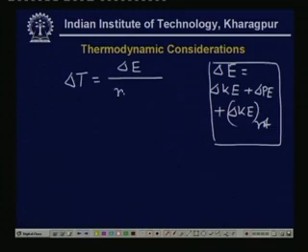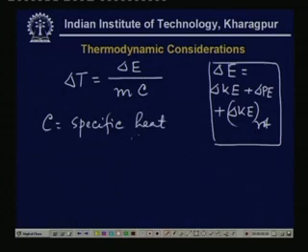So delta T equals delta E divided by the mass of the body which gets heated times C. C is the specific heat, with unit joule per kg per degree centigrade.